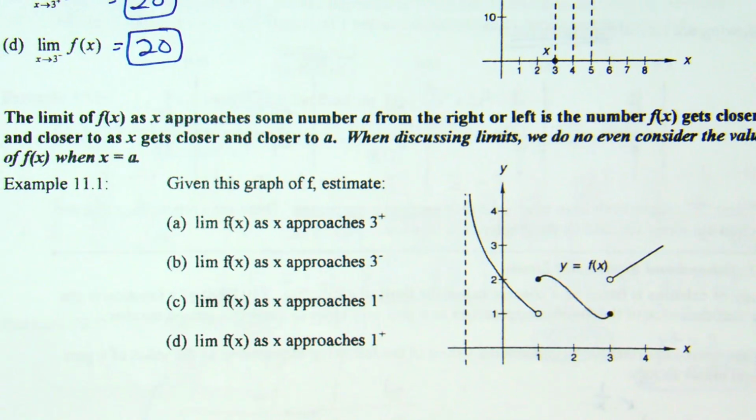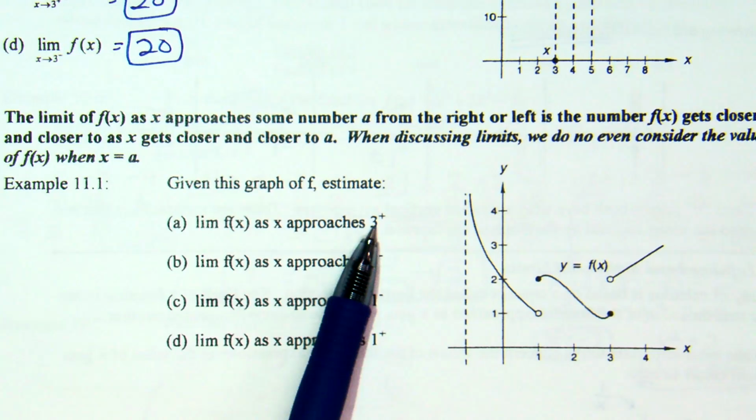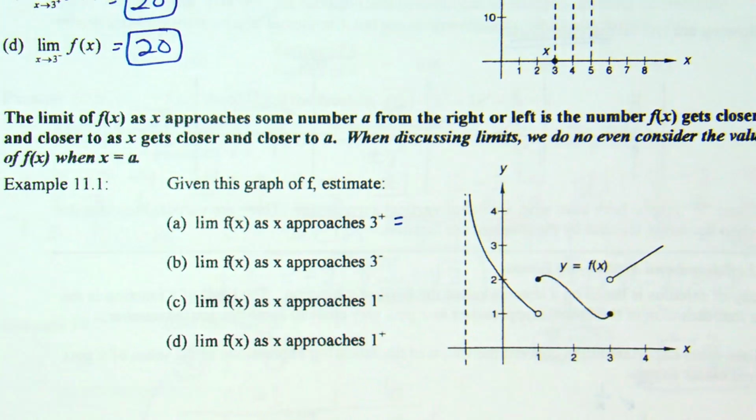Okay? So, we have a new graph. Limit of f of x as x approaches 3 positively. So from the right. I have a 2. Are we okay with 2? We're going from the right.